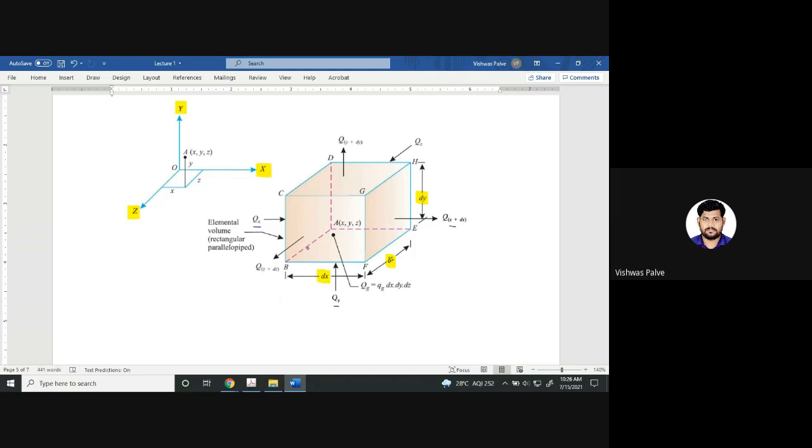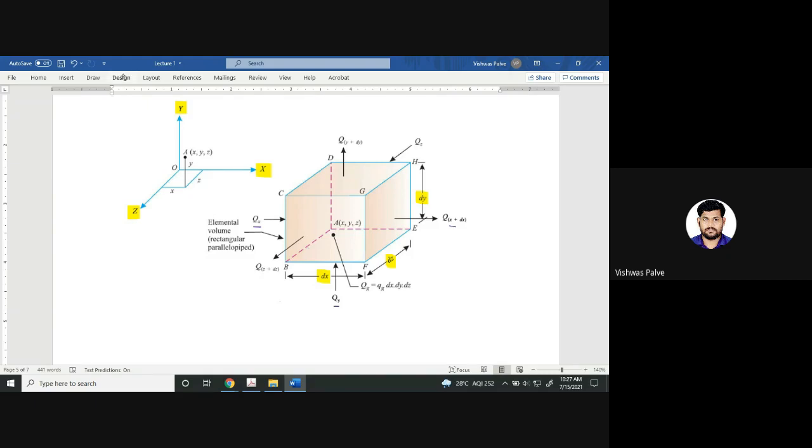In the z direction, going in the positive z direction, heat enters as Qz and leaves as Qz plus dz. These are the positive x, y, and z directions, and the object has a volume of dx, dy, dz.